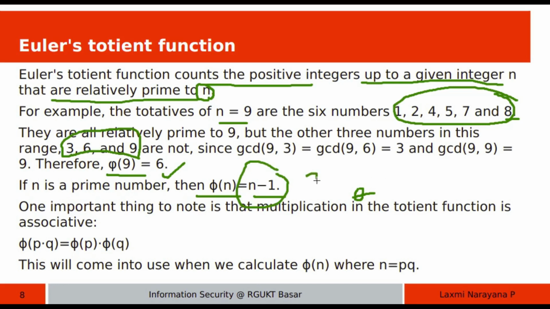Suppose you take 7, except 7, no other will share a factor with 7, means 1 to 6 are all co-prime to this 7. Euler's totient function is multiplicative, means phi of p into q will be defined as phi of p into phi of q, which will be used in the RSA algorithm.